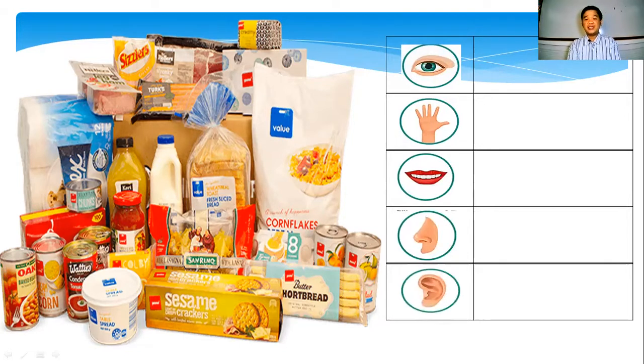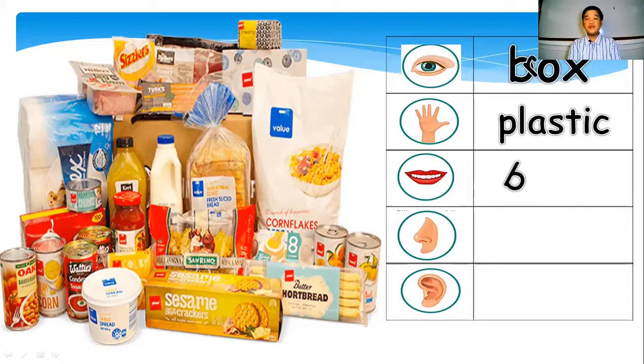Using your observation skills, with your eyes you are able to see the box. Using your hand, you are able to touch the plastic. Using your mouth to taste, you are able to taste the bread. And using your nose, you are able to smell the foods.